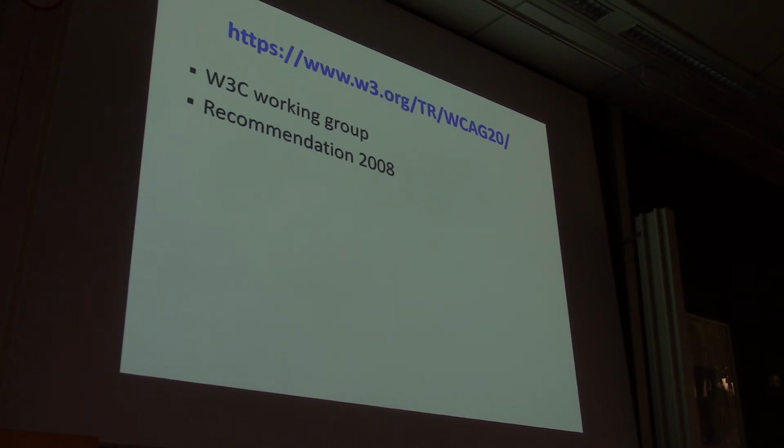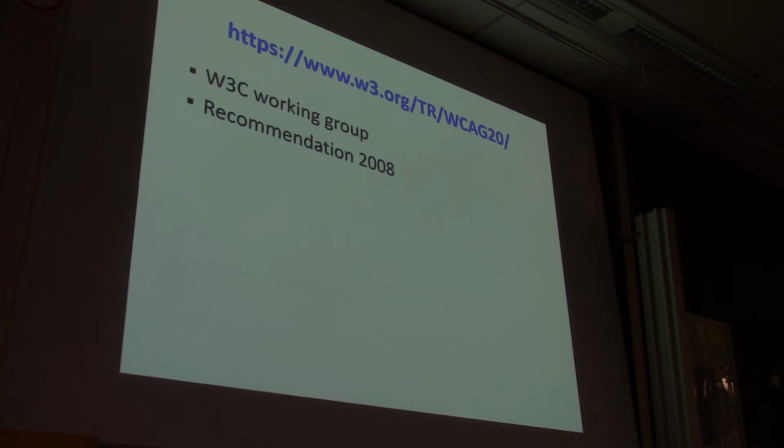W3C has a long tradition in making guidelines for this topic. There is the Web Content Accessibility Guidelines, version 2. That has been a recommendation for more than 10 years now. There's a working group that's constantly revisiting the current issues for new technology developments that are still active.